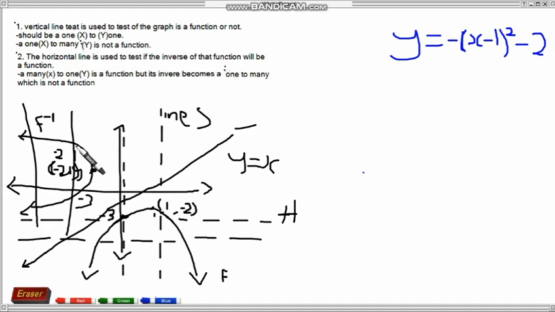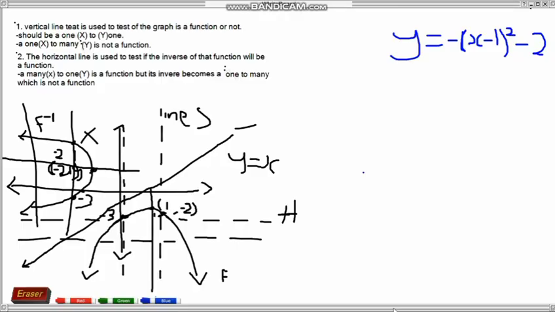It's the inverse of the parabola, which was a many-to-one. A many-to-one is a function, but a one-to-many is not a function. The line is touching the graph right here, and also again at this point. So this is not a function.